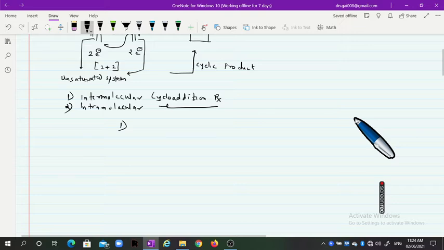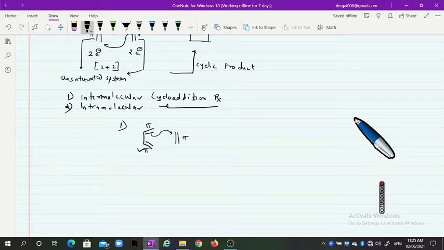The intermolecular cycloaddition reaction appears between two different unsaturated systems, the first unsaturated system and the second unsaturated system. In this case, there are two pi bonds, the first and second reactants each have one pi bond.